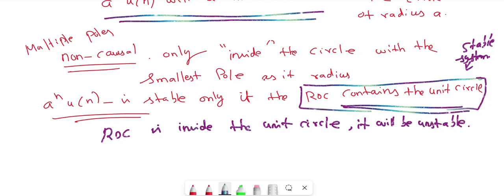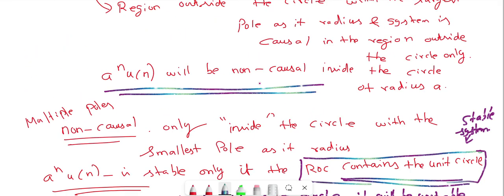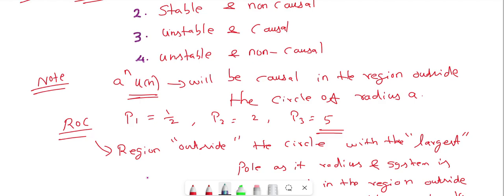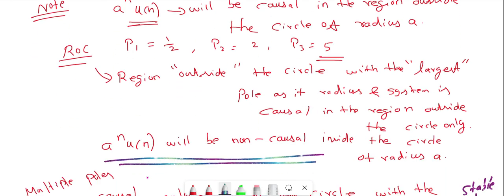From these arguments we can classify the system as stable and causal, stable and non-causal, unstable and causal, or unstable and non-causal. If the system has multiple poles, it will be causal only in the region outside the circle with the largest pole.